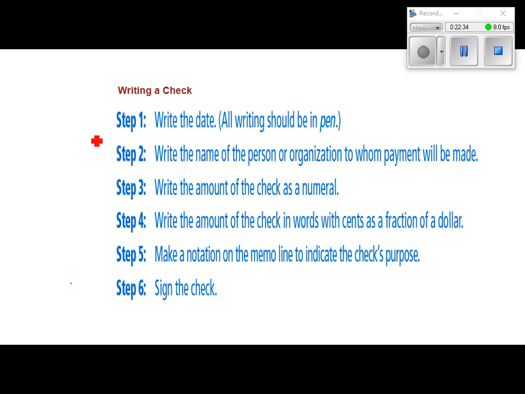Write the amount of the check in word form. Make a notation on the memo line, telling what it's for. This is the one that a lot of people don't do. Make sure you make a notation what the check is for, otherwise, a month from now, when you get that returned check from the bank, you're thinking, why did I spend $32?